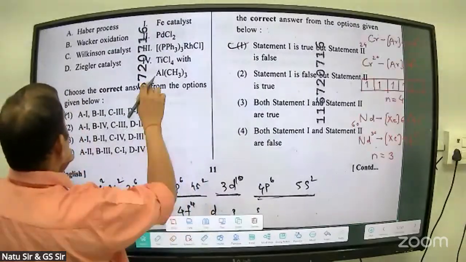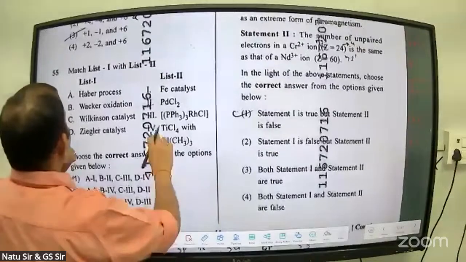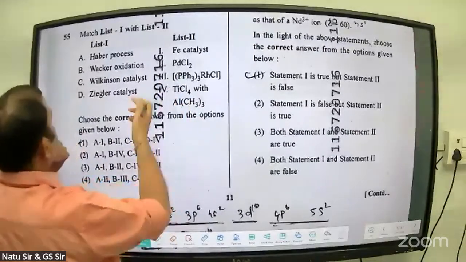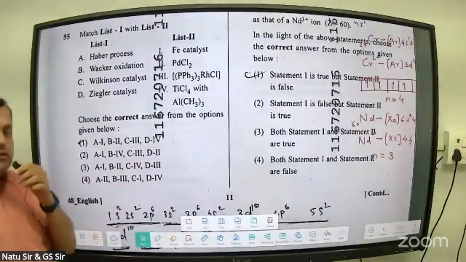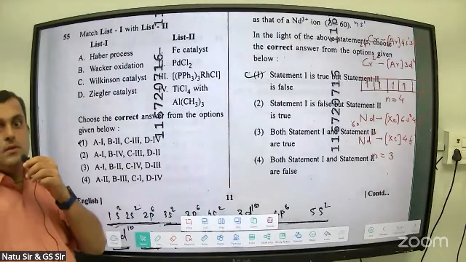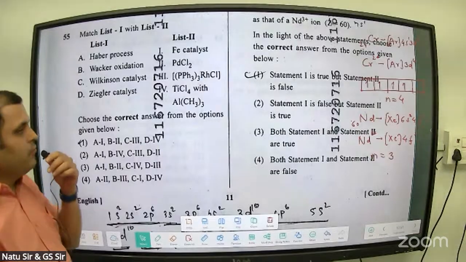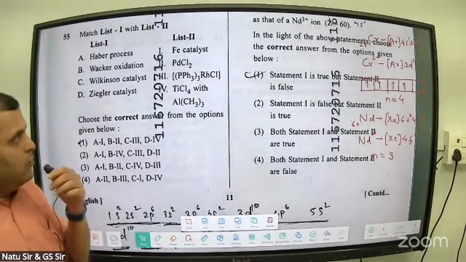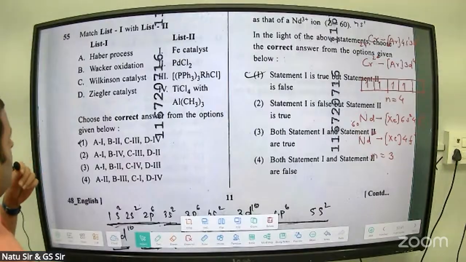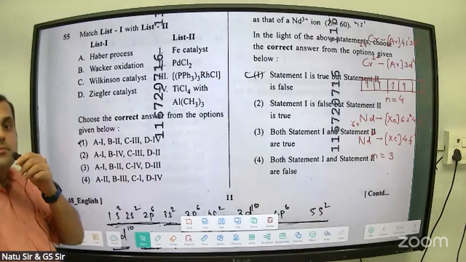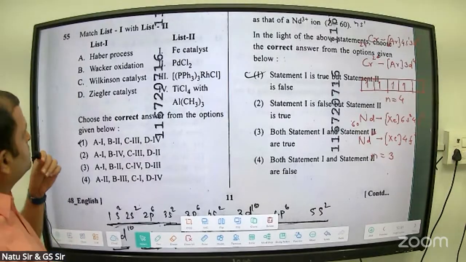Yes. Now 55. It is simple, straightforward. Match the column based on applications given in d-block, and 2 of them are from d-block, 2 of them were coordination compounds. So Haber process is catalyzed by iron, so Fe catalysis.